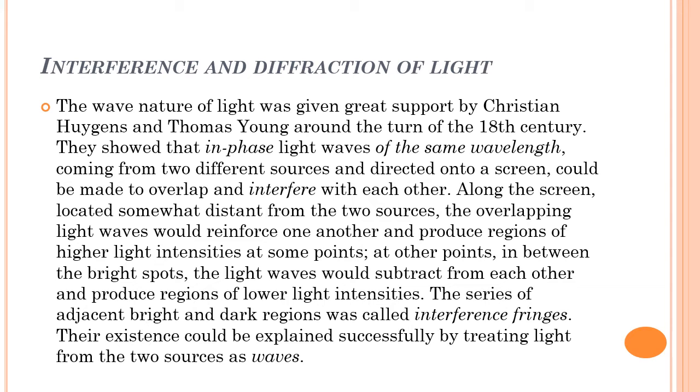Along the screen located somewhat distant from the two sources, the overlapping light waves would reinforce one another and produce regions of higher light intensities at some points. At other points in between the bright spots, the light waves would subtract from each other and produce regions of lower light intensities. The series of adjacent bright and dark regions was called interference fringes. Their existence could be explained successfully by treating light from the two sources as waves.